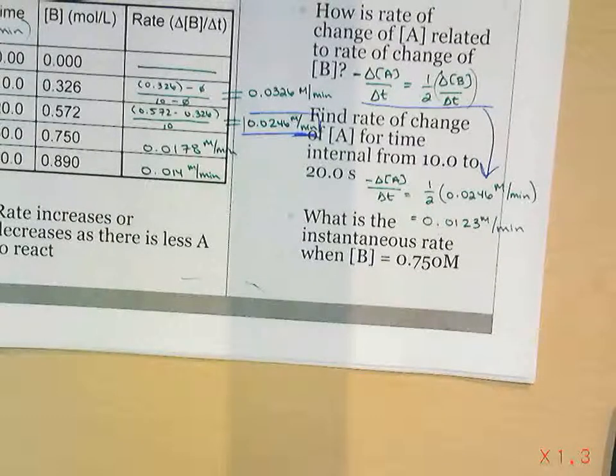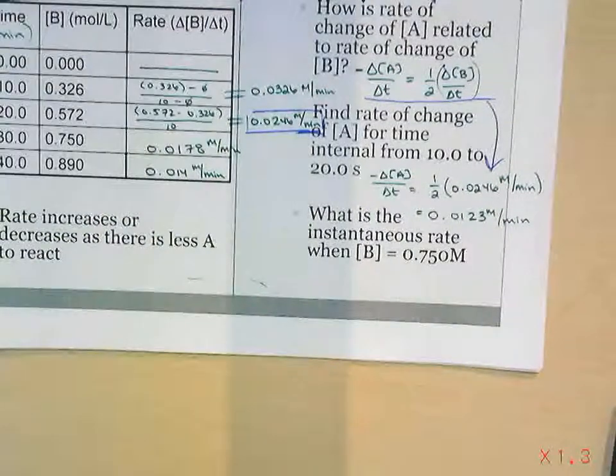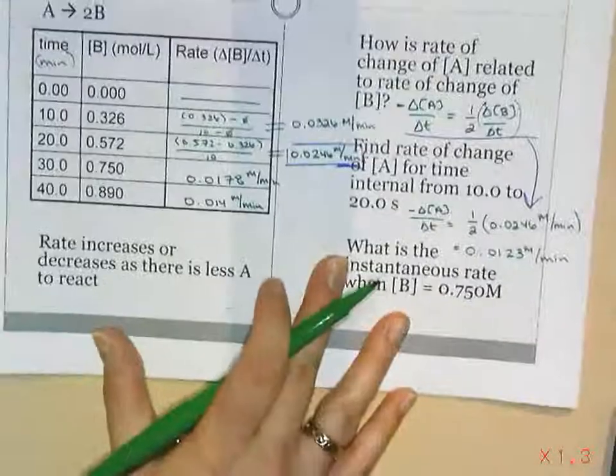All right, so now the last part is I want to know just the instantaneous rate when concentration of B is 0.075 molar. So this is what we were looking at in the graph maybe Monday when we were talking about, based on the curve, how do you know what points to pick around the instantaneous one? You can pick any 2 points you want, but I experimentally only determined 5 points.